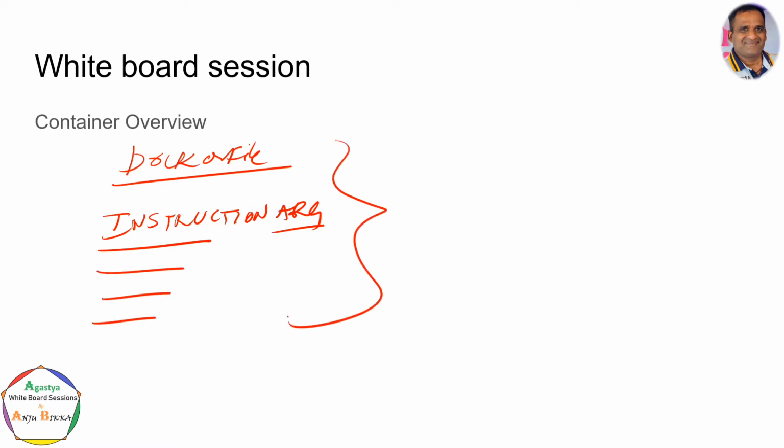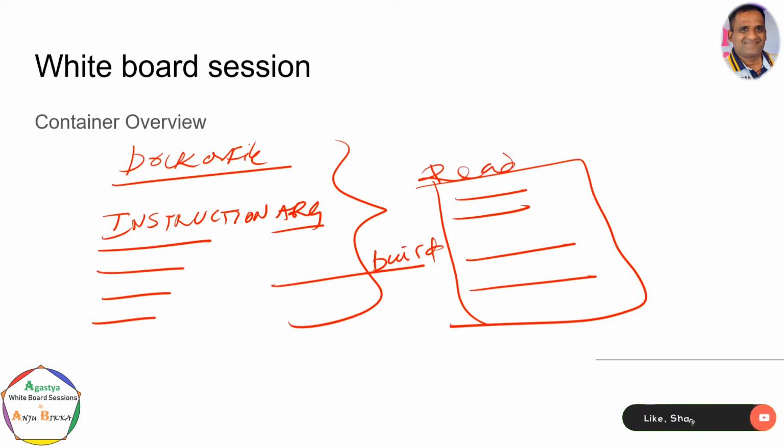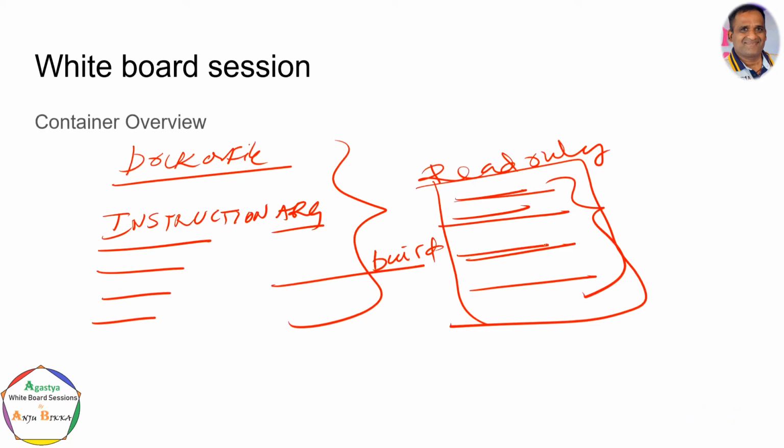When we build an image by using the Dockerfile, it is made up of 4 layers. The important point is that these are read-only layers. It means we can't modify these layers. We can't write anything on these layers. So this is the image of a Docker.